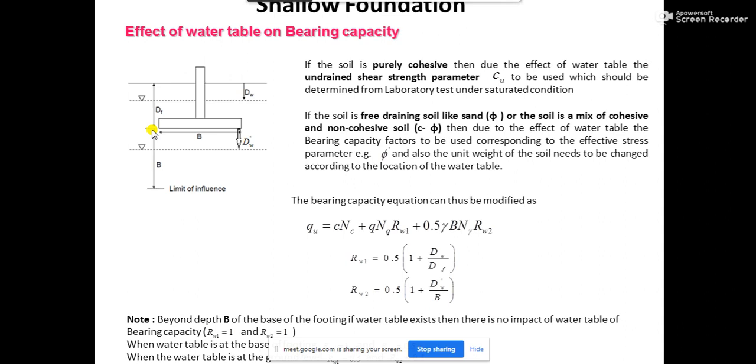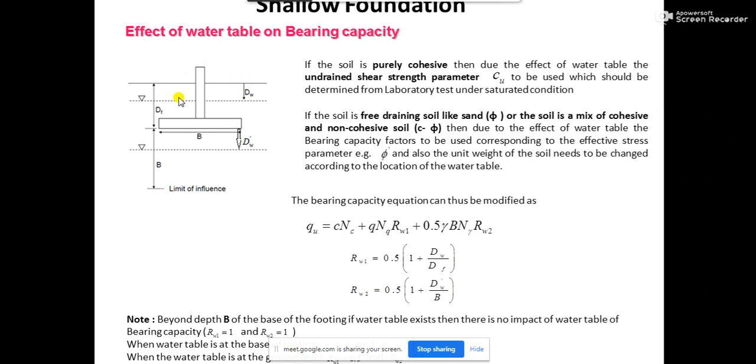Rw1 is nothing but, as we have explained earlier also, for this much portion of the soil, your soil is actually submerged, and beyond this up to this dW depth the soil is not submerged, right? When the soil is submerged, it is actually half of the unit weight of the saturated or bulk unit weight, and beyond that you will have to use the saturated unit weight of soil.